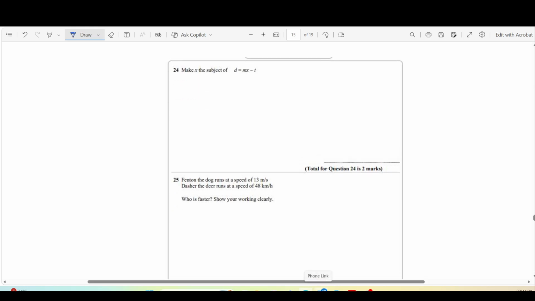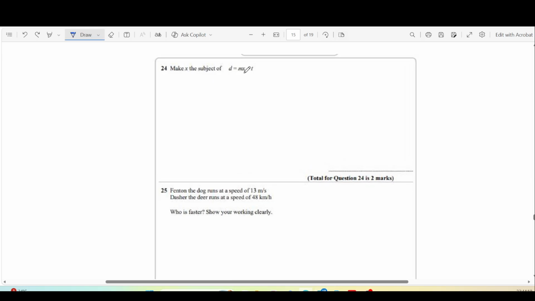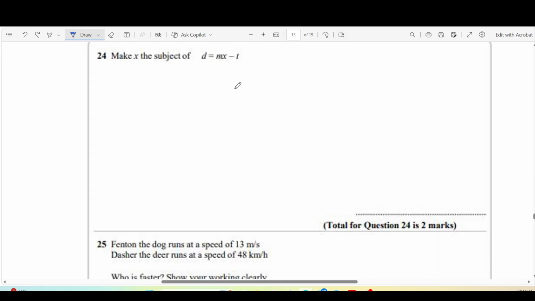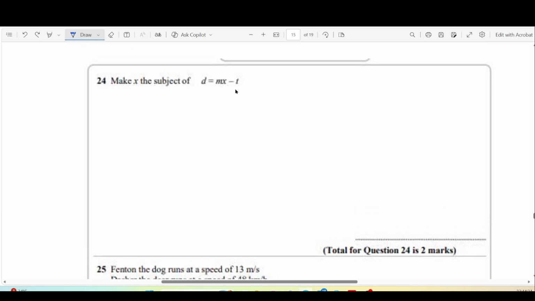Okay, next we have to make x the subject of this equation. Like here we have d as the subject, we have to make x on one side of the equal sign. This is what it means. So whatever is with x, we need to get rid of that. Let's add t to both sides, because this is minus t. The opposite of minus t is plus t.